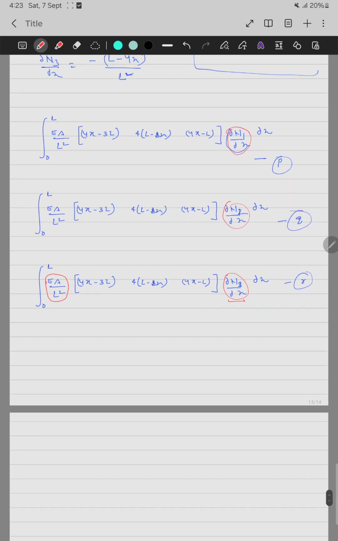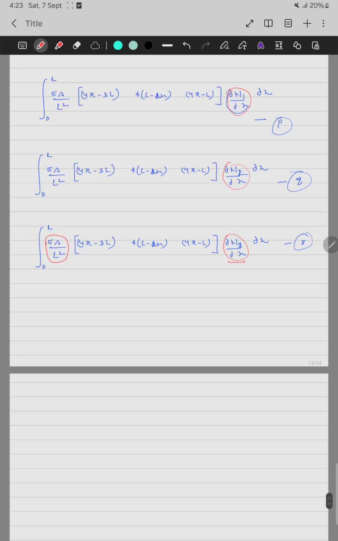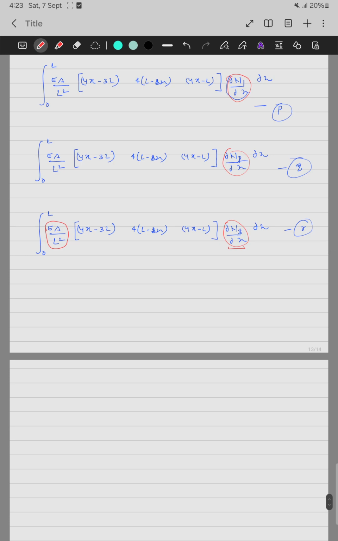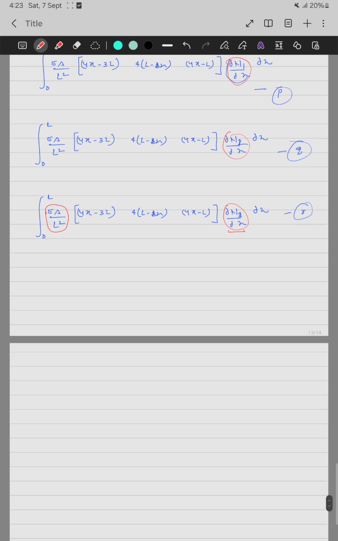The integration is simple: if you put x square, some polynomial will come, three times in the same way, 1, 2, 3. It will be a little lengthy, so I'm directly writing the integration.